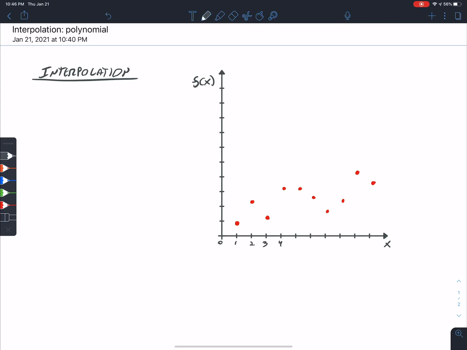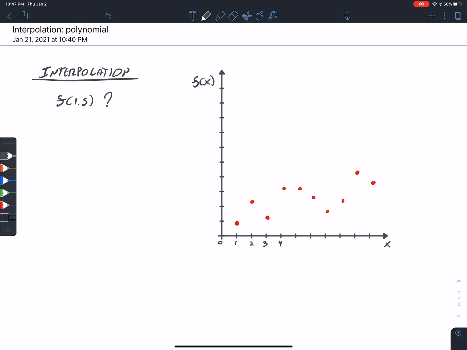So we're asking, what is f of, say, 1.5? In this case, we don't have it. We only have the measurements at some integers, let's say.